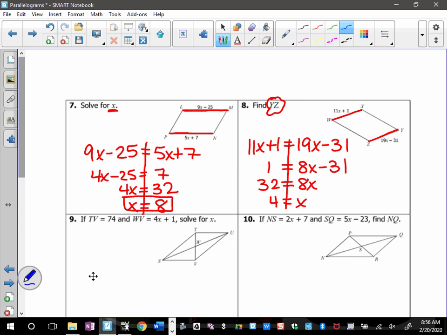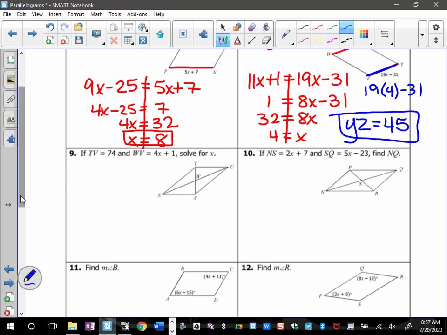So I need to do 19 times 4 minus 31. When I do that, it's not degrees, it's outside, so just 45. So really, that's the main thing. Make sure you know what you're solving.